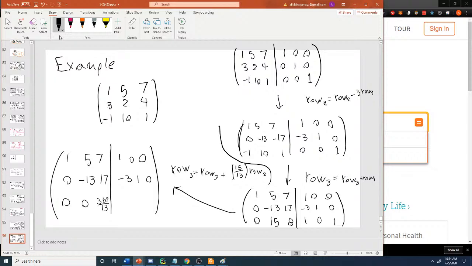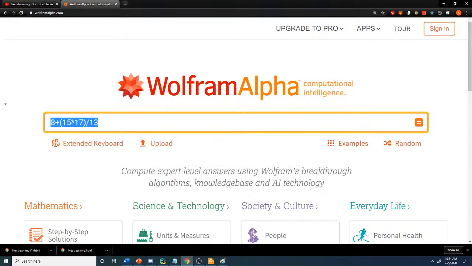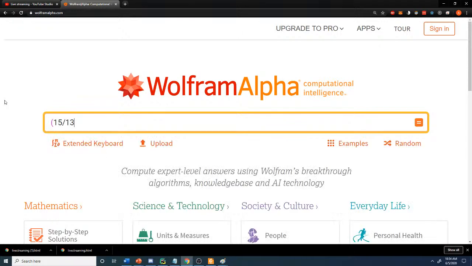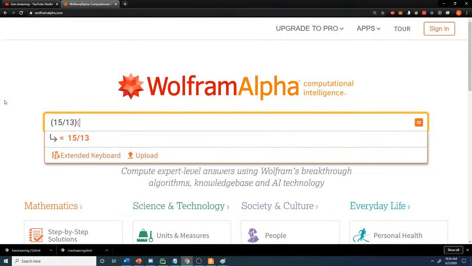And the other one is fortunately a little bit easier to do. So I'm going to add 15 over 13 times negative 3 to 1. So 15 over 13 times negative 3 plus 1.